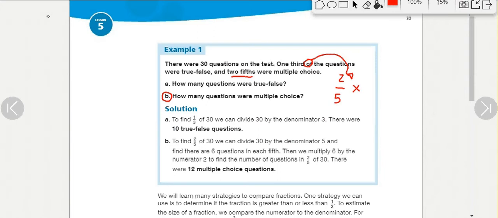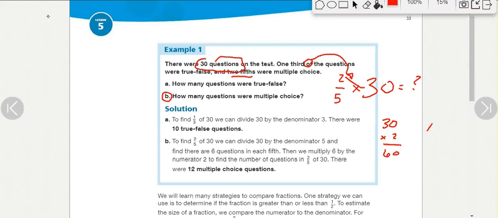What's the amount I'm taking the fraction of? Of 30 questions, or 30/1. We multiply 30 by 2, which is 60.